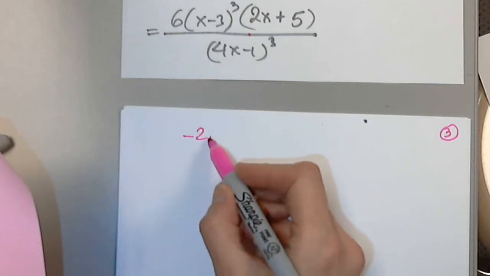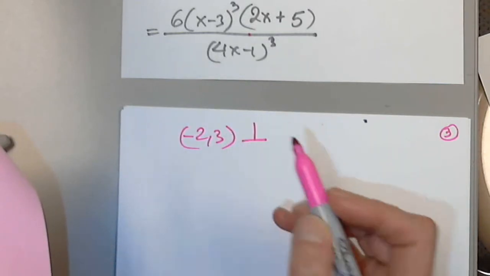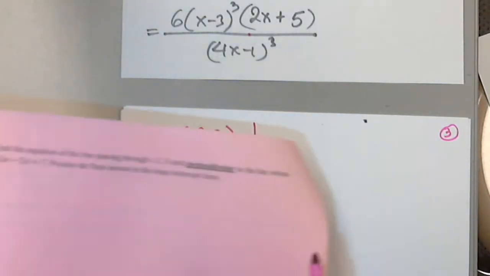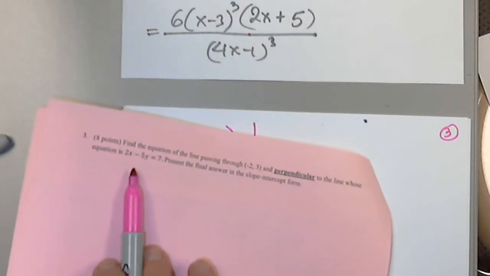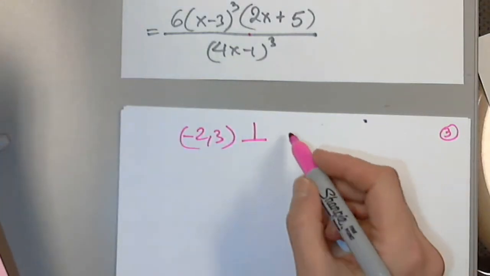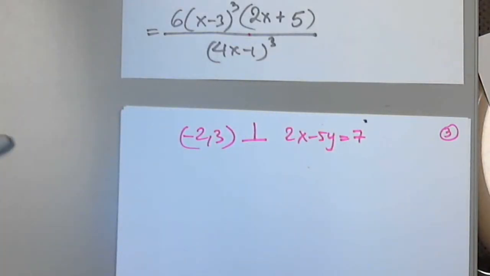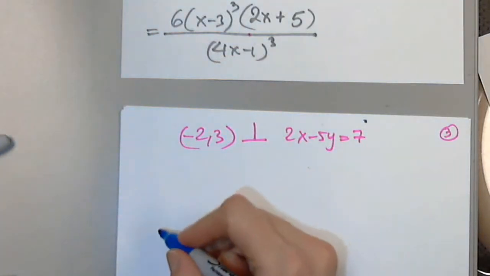So we have a point, and we know that the line whose equation we don't have is perpendicular to the line 2x minus 5y equals 7. And we're asked to find the equation of the line. Here's the idea. I'm not really graphing anything accurately, I'm just giving you the idea.